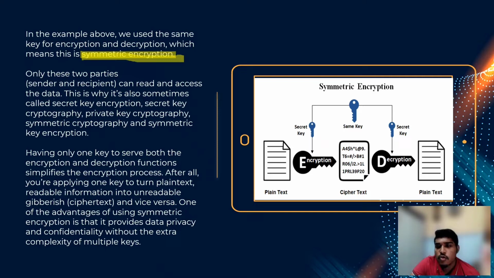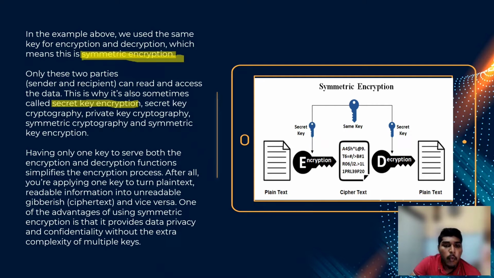This diagram also shows the same. Only these two parties, the sender and recipient, can read and access the data. This is why it's also sometimes called secret key encryption, secret key cryptography, private key cryptography, symmetric cryptography, and symmetric key encryption. These are the names used to call it.